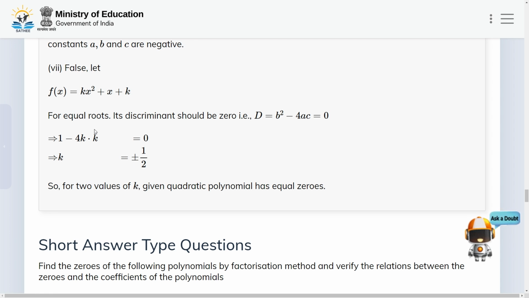So 1 minus 4k into k is equal to 0, and it implies minus 4k square is equal to minus 1, that implies k square is equal to 1 by 4, and it implies k is equal to plus minus 1 by 2. Okay, so for two values of k, the quadratic polynomial has equal zeros.